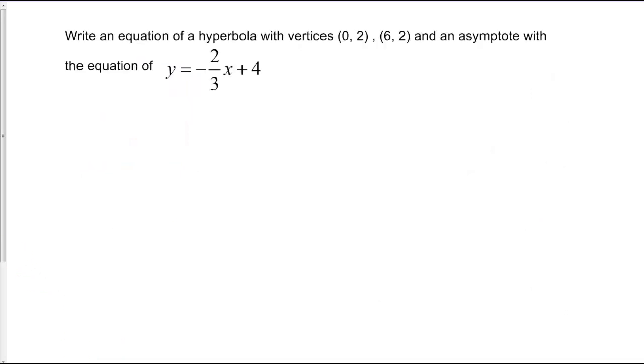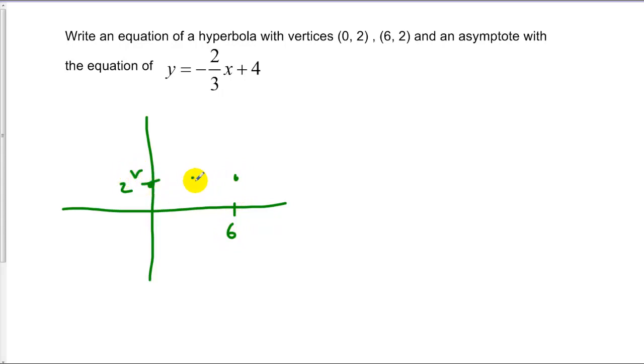So let's write some equations for hyperbolas giving information about my asymptotes. I know I have vertices at 0, 2 and 6, 2. So if I want to sketch this out, here's 0, 2 and 6, 2. Once again, these are vertices, so I know my center is dead center between, which is going to put me at 3.